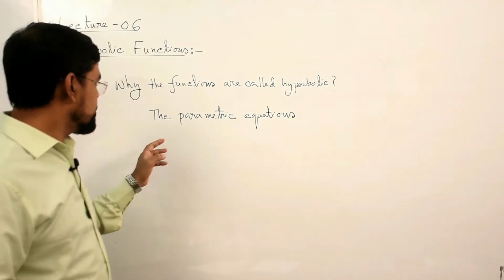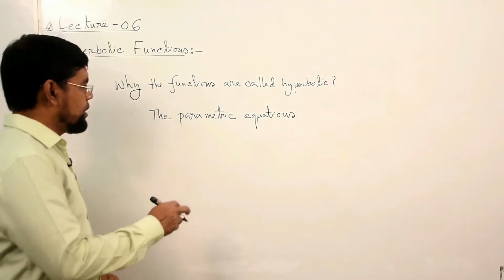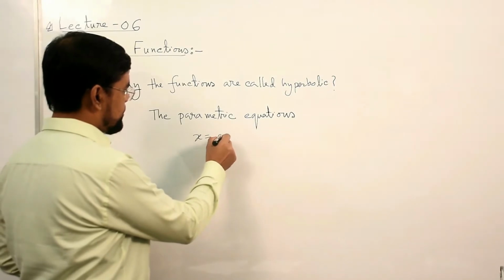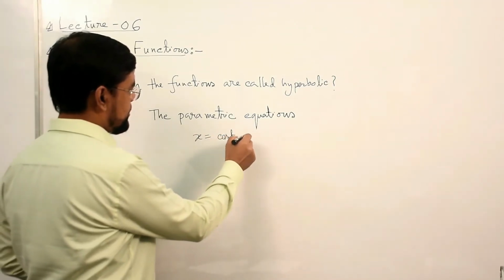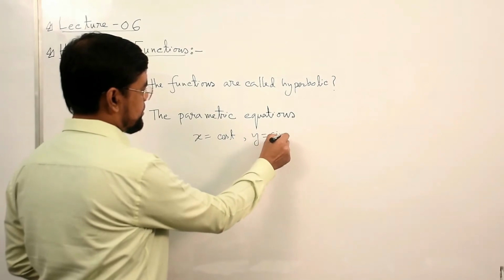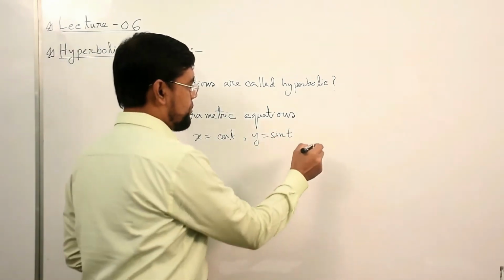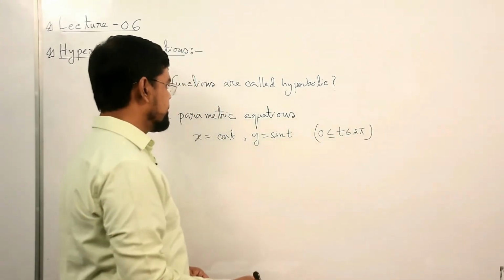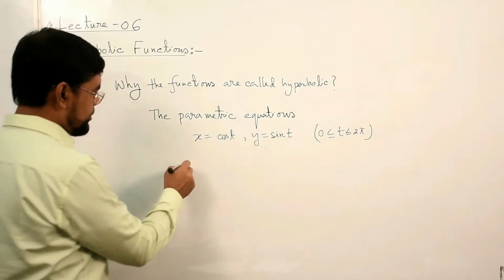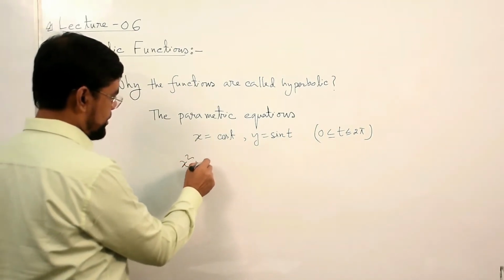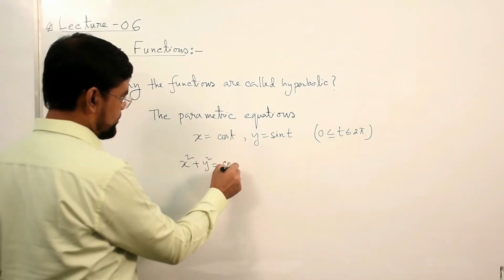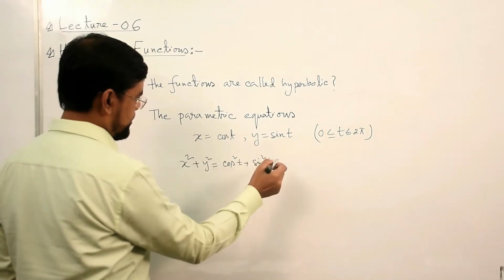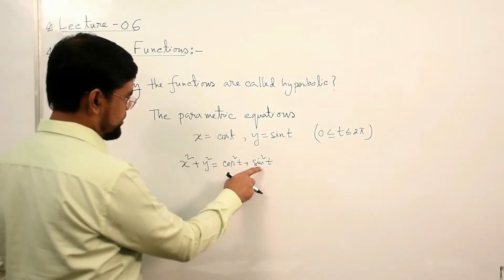To answer this question, let us recall the parametric equation x equal cos t, y equal sin t, where t is from 0 to 2 pi, and squaring and adding we can write x square plus y square equal cos square t plus sin square t, and we know cos square t plus sin square t equal 1.